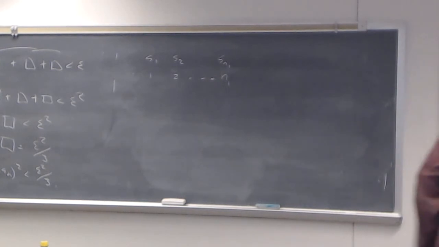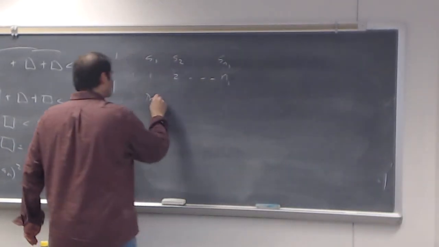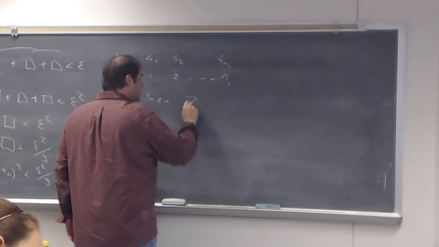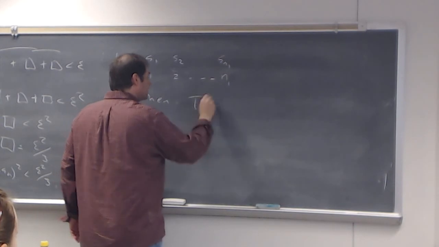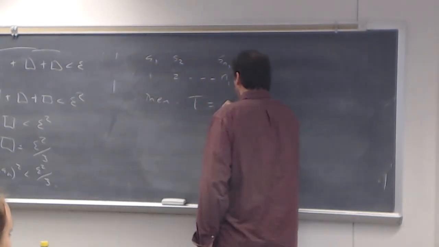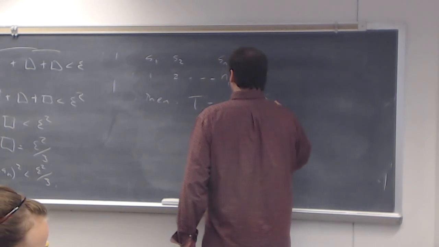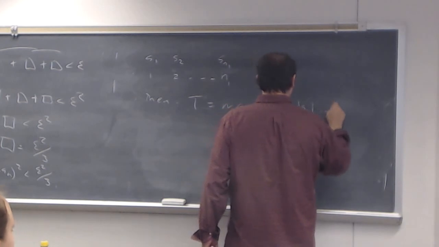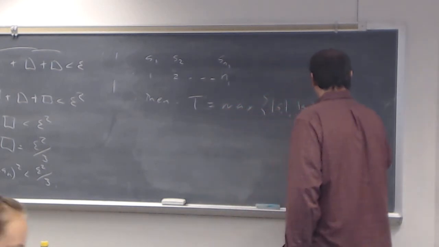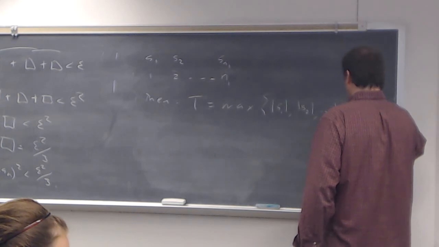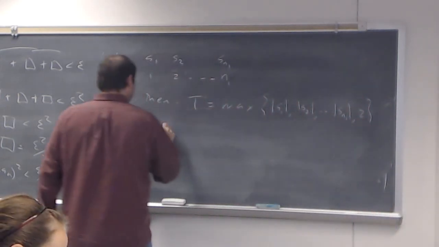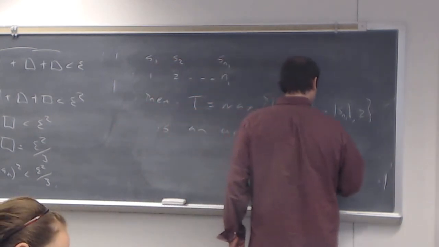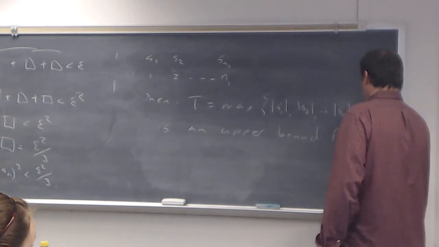So if it didn't exist, then here's what I'll say. Then T equal to this represents a number: the maximum of the absolute value of S sub 1, S sub 2, all the way up to S sub n sub 1, and 2, is an upper bound for S sub n.